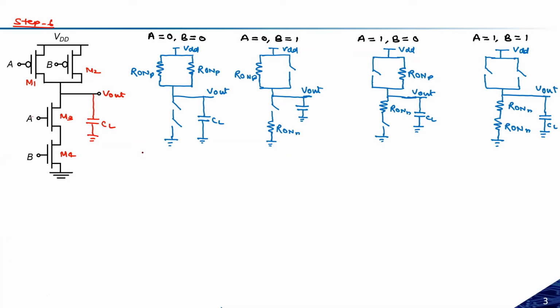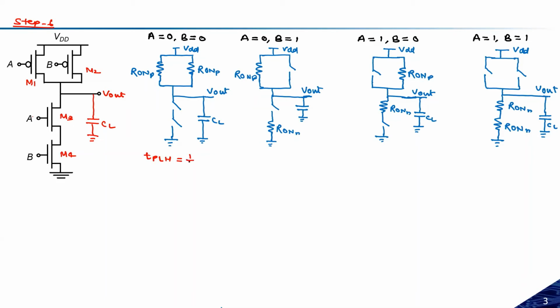If I'm talking about the pull-up network, I'm considering the TPLH, because I'm charging this capacitor through the pull-up network. So what will be the TPLH? TPLH will be equal to R on P by 2 into CL, right?